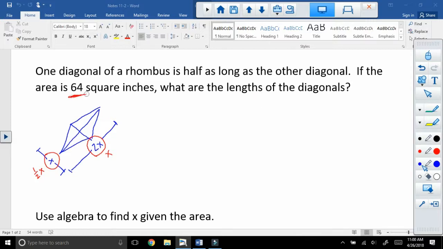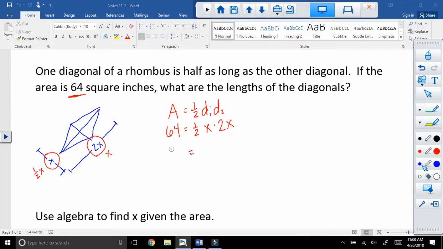The area is 64 square inches. So I'm going to plug this into the formula for area. So 64 equals half of x times 2x.